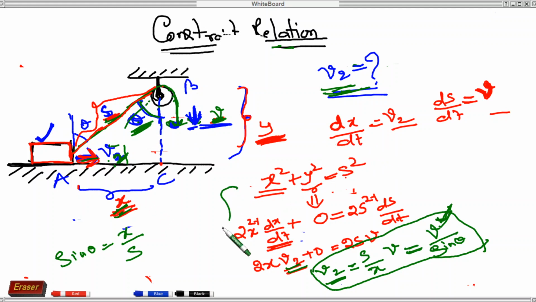For such a scenario we will be doing it this way. But the main thing is that you should be aware of this calculus part.